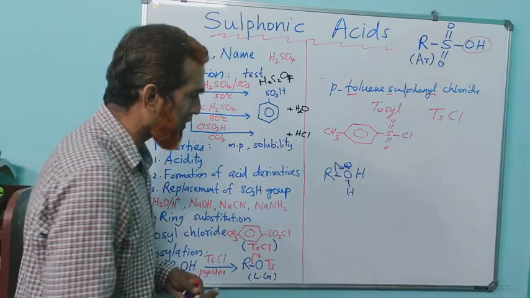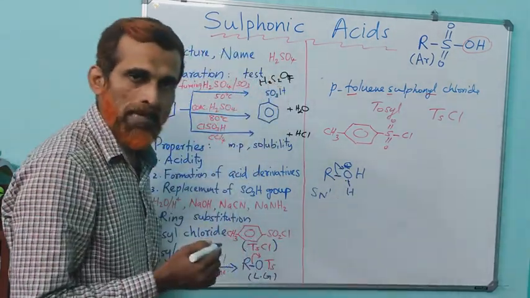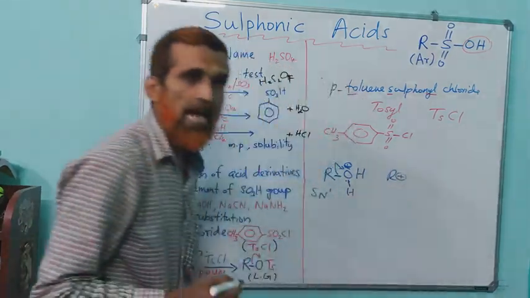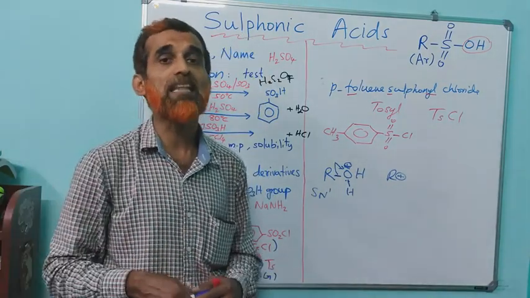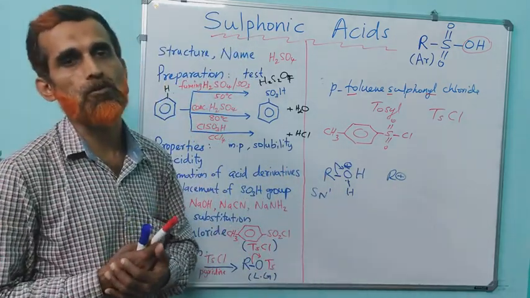And again, another problem is that mostly this reaction takes place via SN1 mechanism, and in SN1 mechanism this forms a carbocation and suffers rearrangement. So rearrangement is another limitation of using alcohol as such for substitution reactions.